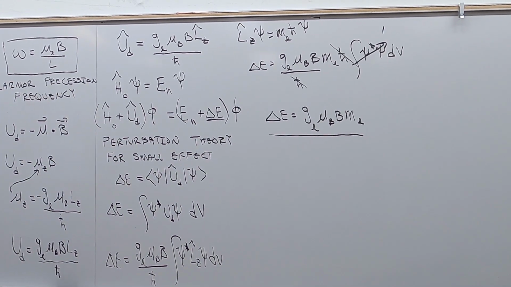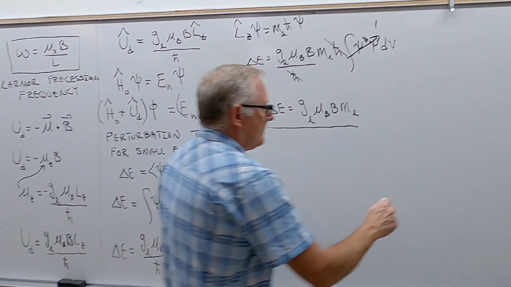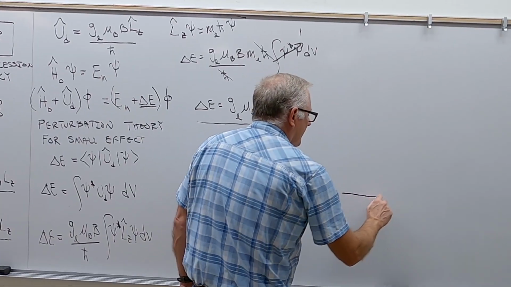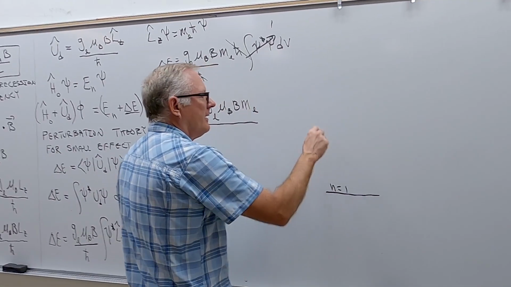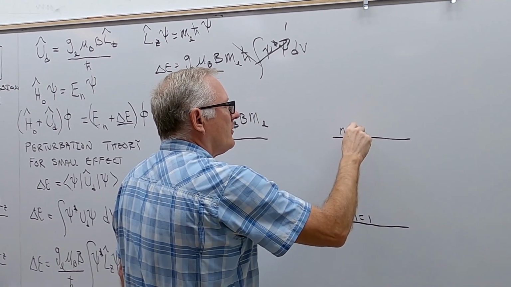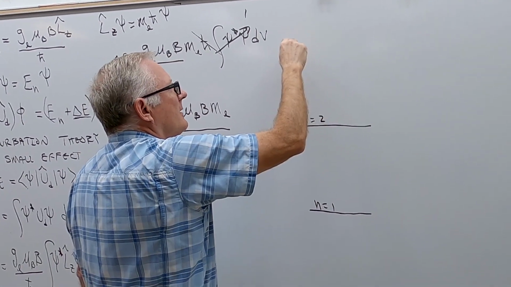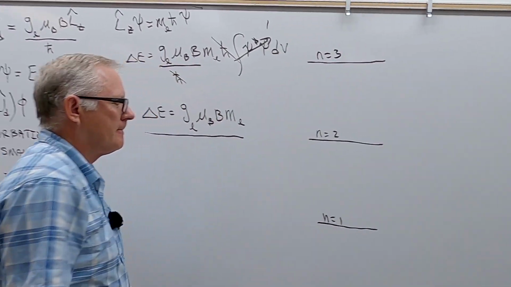Okay, well, what does this do to our spectra? Well, here's our spectra. N equals 1, and then we've got N equals 2. And then I'll just show it for 3 of them, N equals 3.